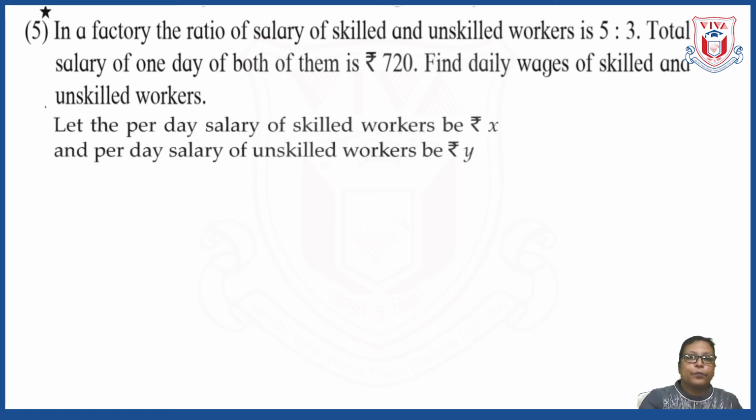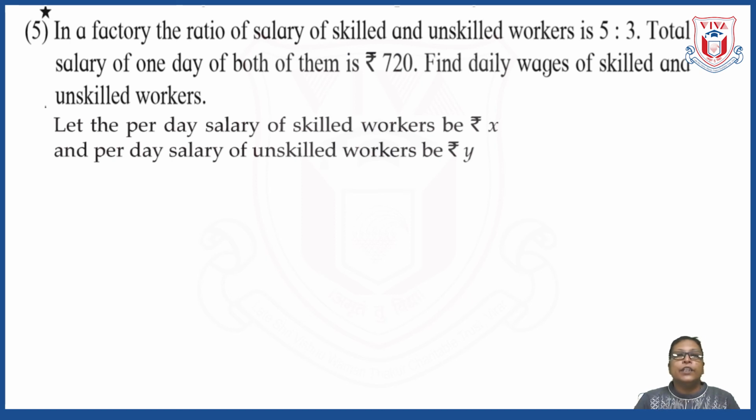So write down, let per day salary of skilled workers be rupees x and per day salary of unskilled workers be rupees y. Be specific here. Don't forget to write down the unit. Since it's a salary, you should write in rupees. For every mistake, you know that the marks are deducted. So be very careful.